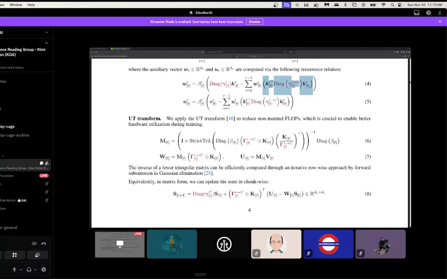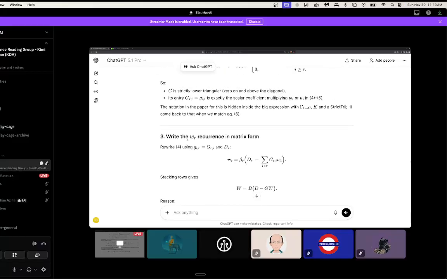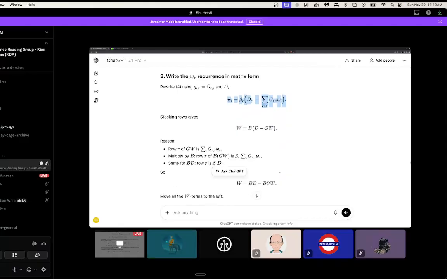Does that make sense? I think so. Could you go back? Okay. So now we've got this form here. Great. So now we can just stack these rows up. The B here is just a diagonal with the beta R's on the diagonals.